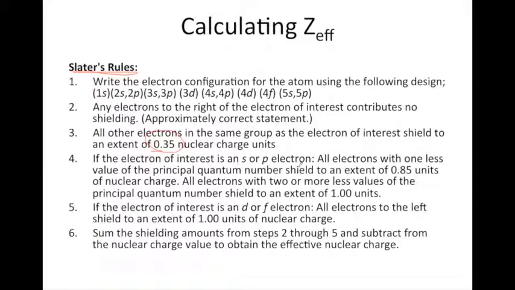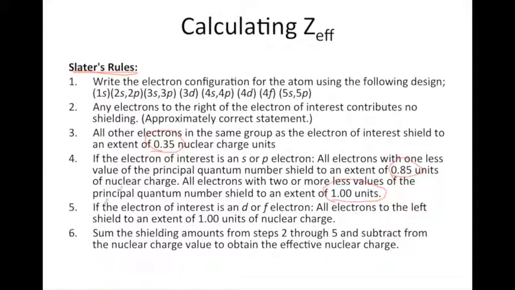If an electron is a core electron, but it has a quantum number one lower, in one shell below the valence shell, it gets a 0.85 value. If electrons are two or more shells below the valence shell, each electron there will get a value of 1.